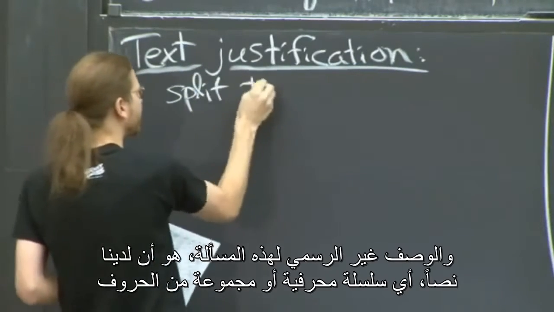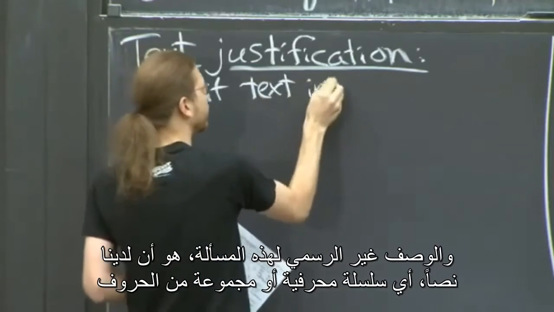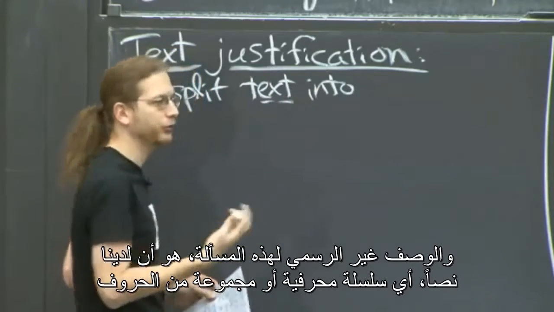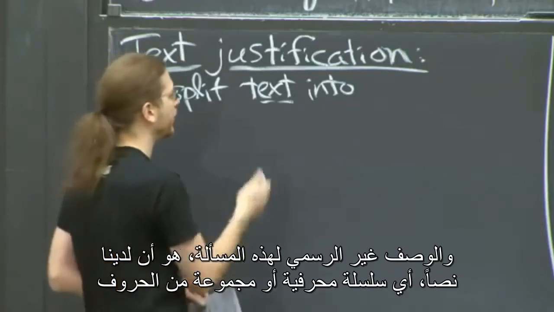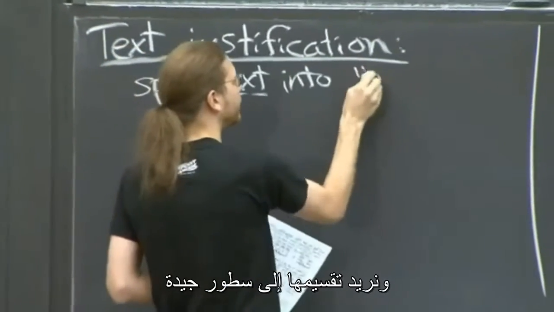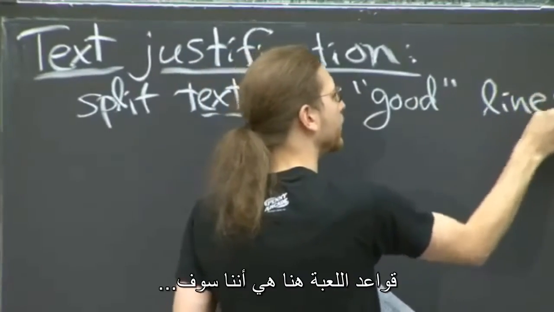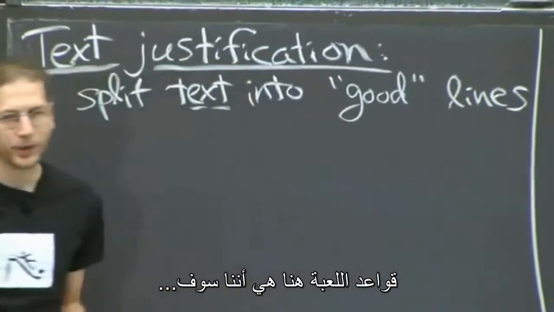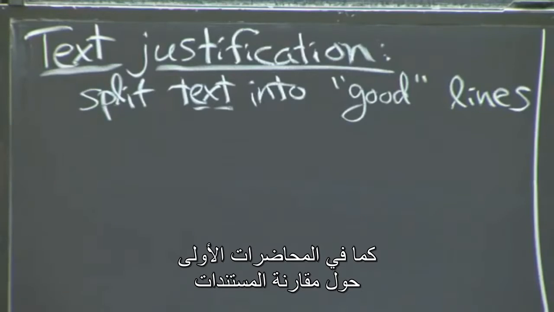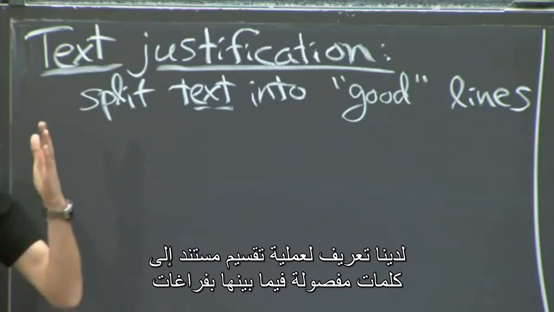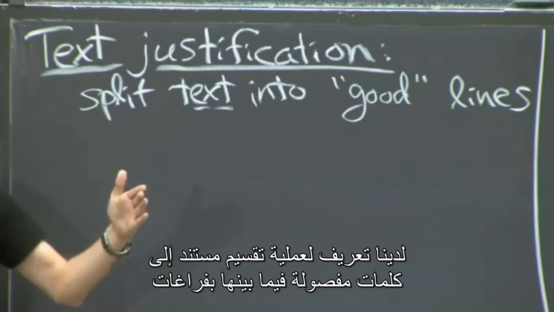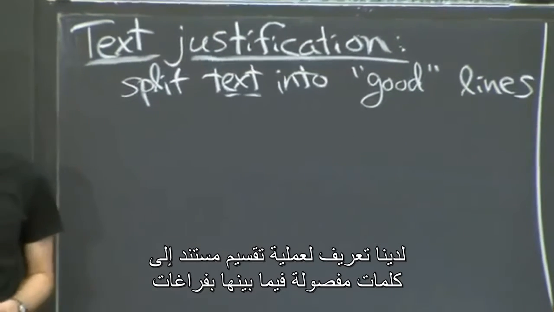The informal statement of this problem is you're given some text, which means a string, a whole bunch of characters, and we want to split them into good lines. The rules of the game here are, like in the early lectures on document distance, we have some definition of splitting a document into words separated by spaces.